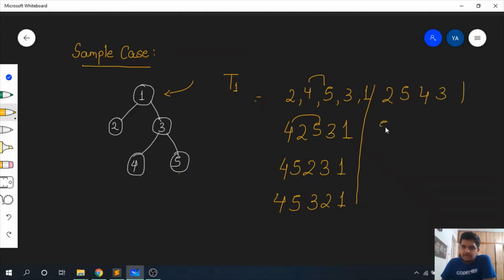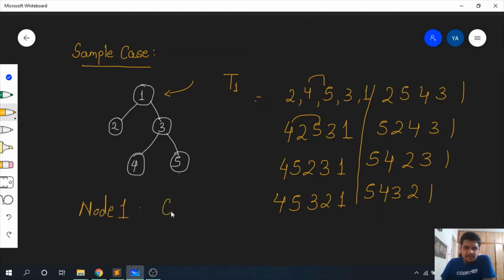This will be 5, 2, 4, 3, 1. This will be 5, 4, 2, 3, 1. And lastly this will be 5, 4, 3, 2, 1. So for node 1, we have C1 equal to 8.